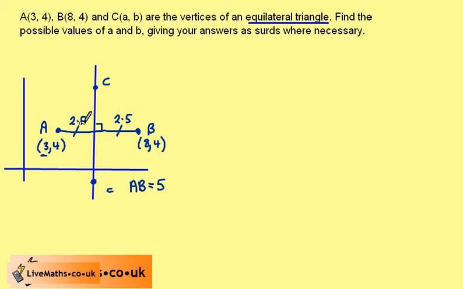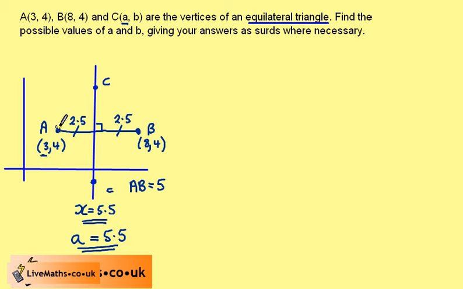So 3 plus 2.5 is 5.5, and this is the line x is equal to 5.5. Since C lies on this line and a is the x-coordinate of the point C, we've now found the value of a as 5.5.